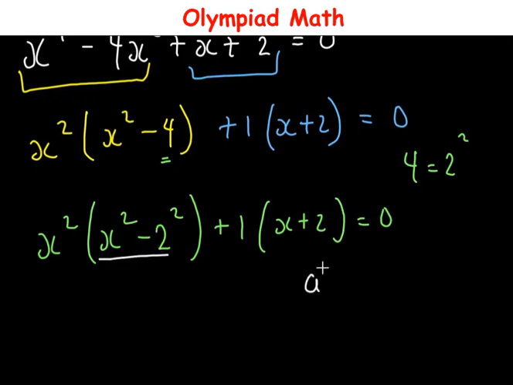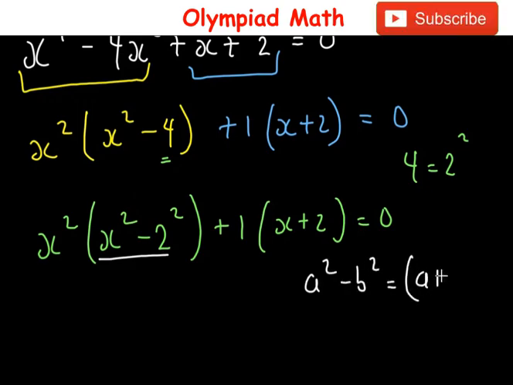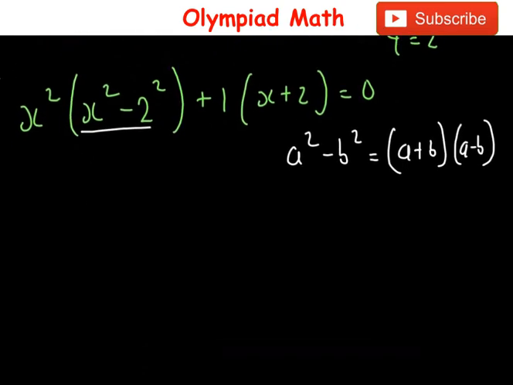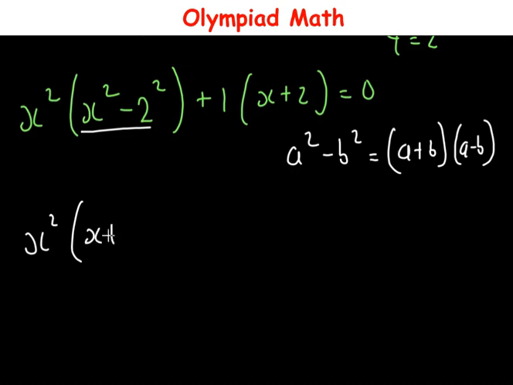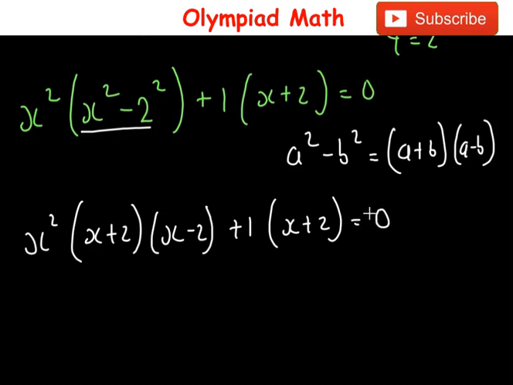If you have a squared minus b squared, this equals in bracket a plus b multiplied by a minus b. So this equation then becomes x squared, then into bracket we have x plus 2 multiplied by x minus 2, then plus 1 into bracket x plus 2 equals 0.